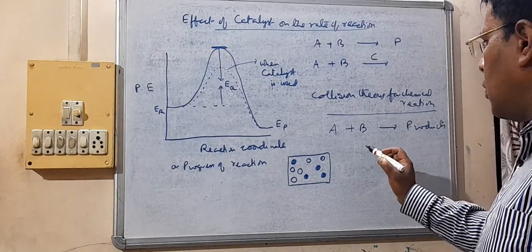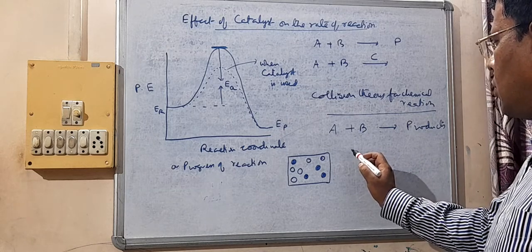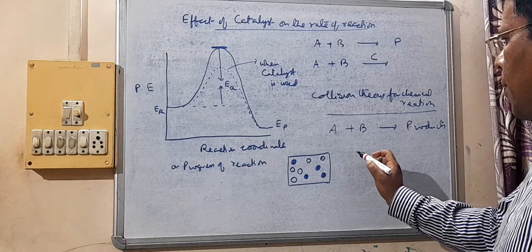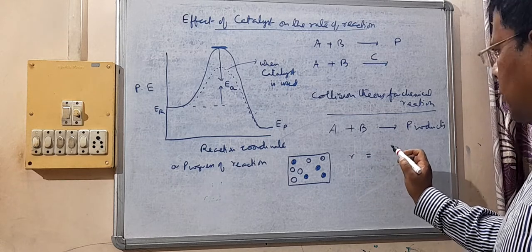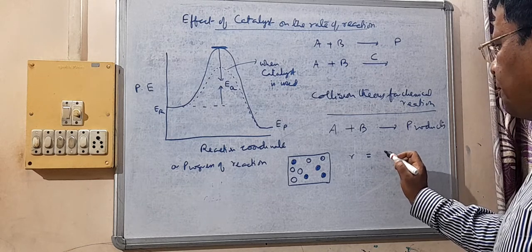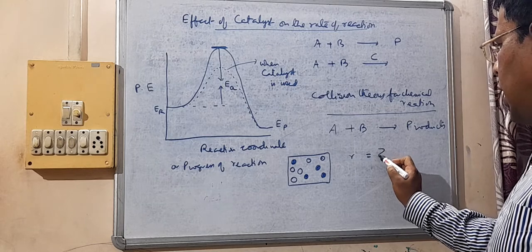So we can say that according to collision theory, your rate of the reaction will be equal to ZAB.